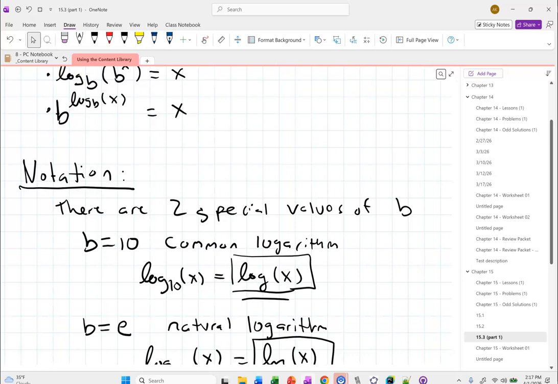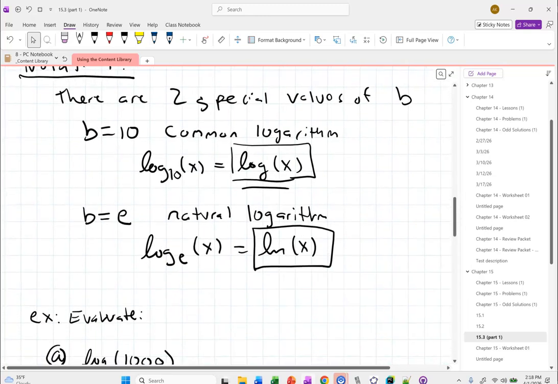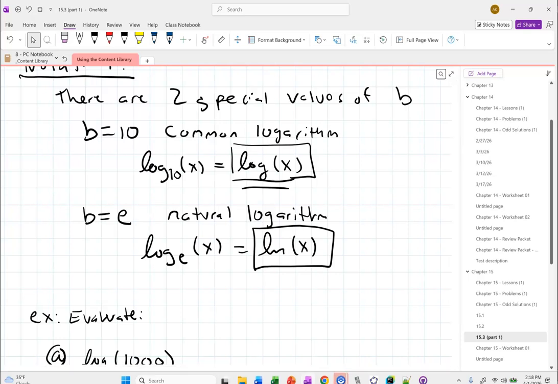The other special value for b is when b is equal to e. We call that the natural logarithm, and we abbreviate log base e with the letters ln. I always write my ln cursive because a lowercase letter l looks too much like the number 1, and that gets confusing, so I always write it as ln with a cursive l and n.